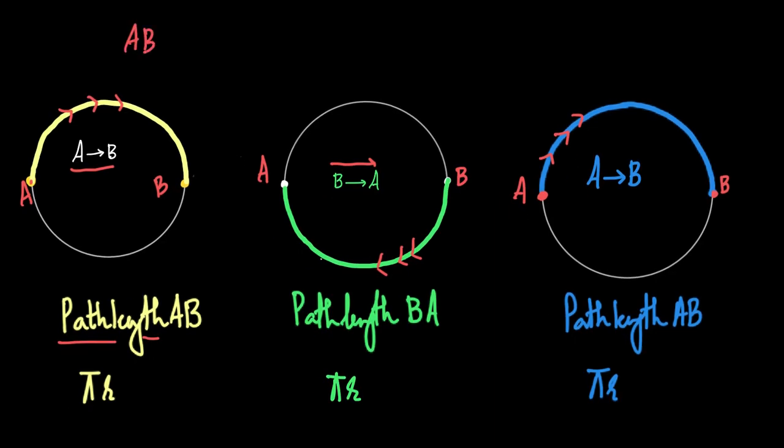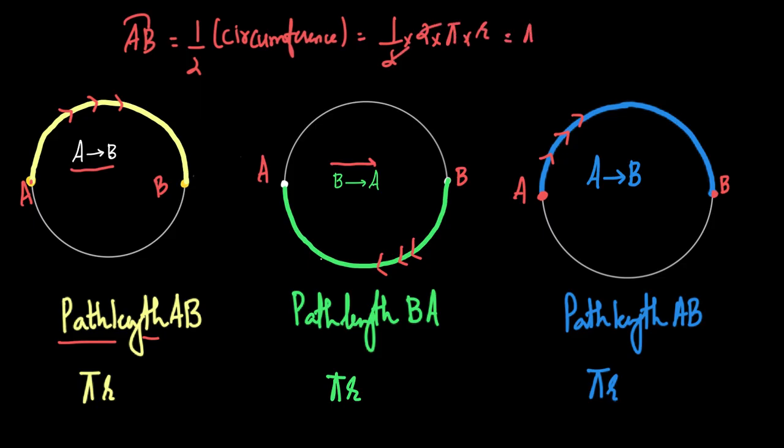Because the curved length AB is actually half of the circumference, which is half of 2 pi r, which is pi r.